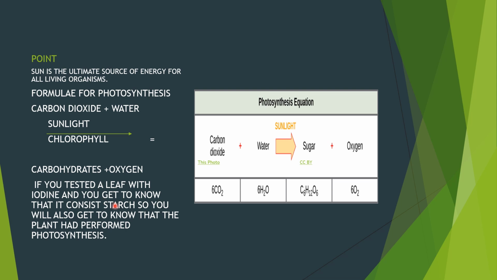If it changes its color, then you get to know that photosynthesis is happening in the plant, because the plant shows that it has carbohydrates.